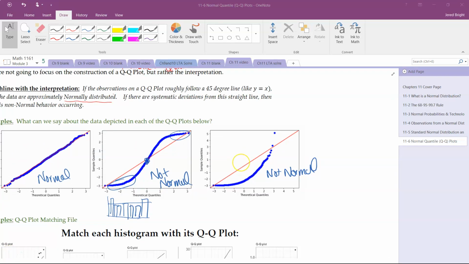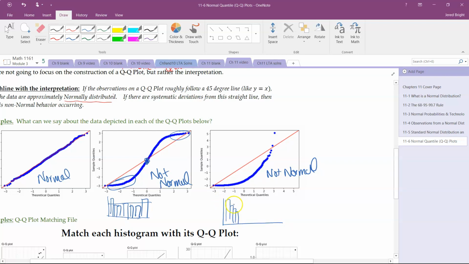In this case, we have the sample quantile being small. Let me rephrase. There are many observations that are smaller than what we would expect, and consequently, when we think about a histogram, what we would see is something more like this.